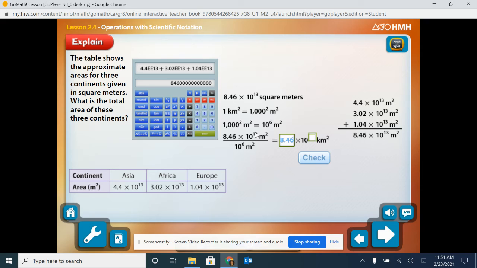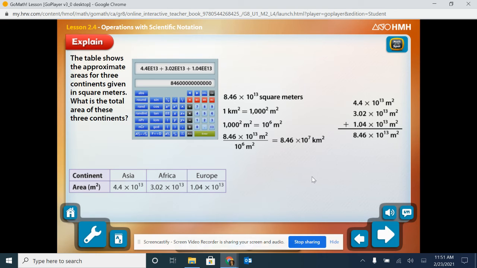If I have 10 to the 13th power, I'm going to have 13 zeros. And then 10 to the 6th power, I'm going to have 6 zeros. And those zeros are going to cancel out. So 13 minus 6 is 7. So I'm going to have 7 zeros left over, so it's going to be 10 to the 7th power. That's right. The quotient is 8 and 46 hundredths times 10 to the 7th square kilometers.